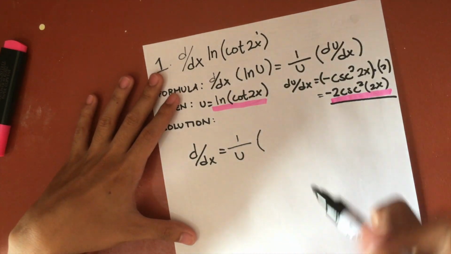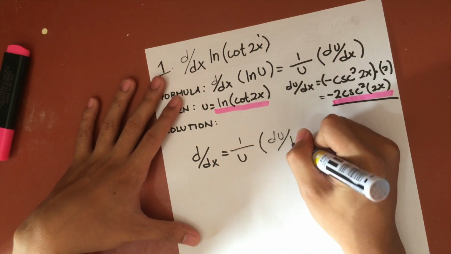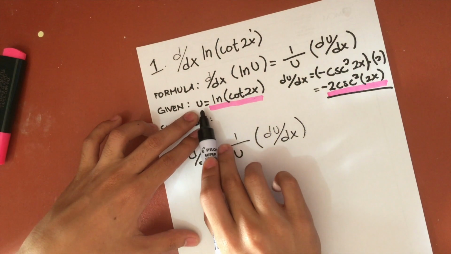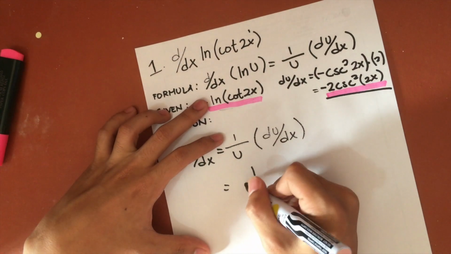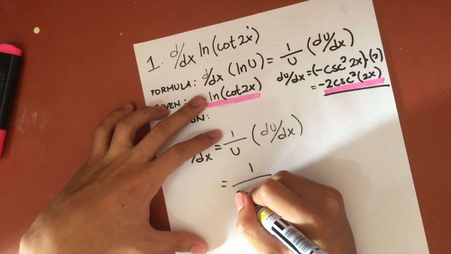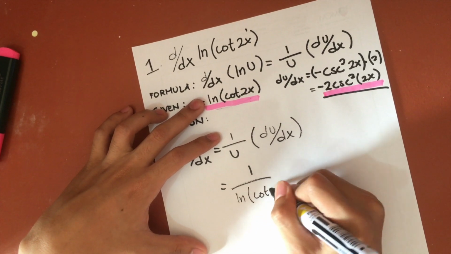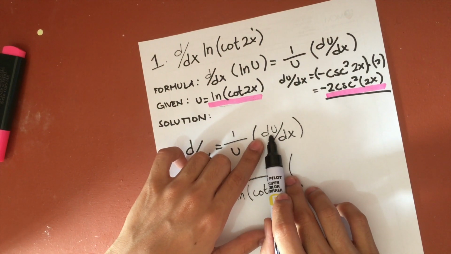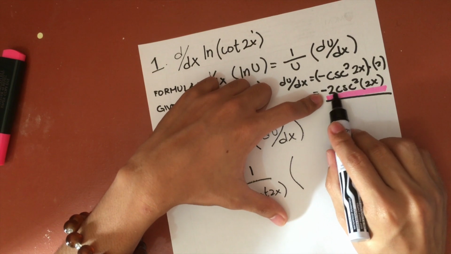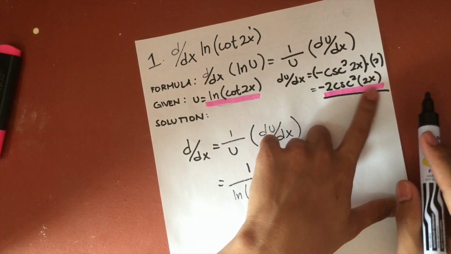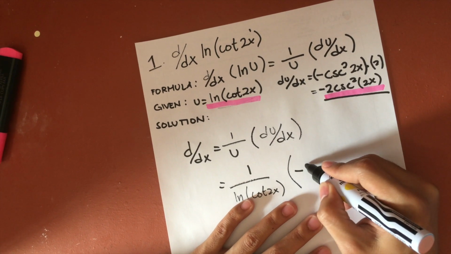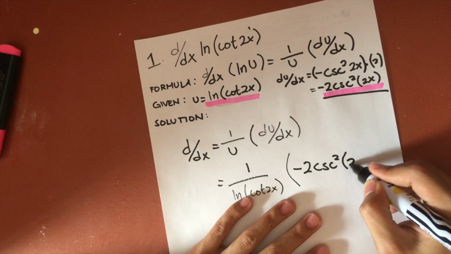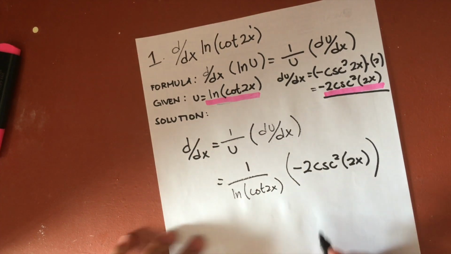Next, substitute this function to u: ln cot 2x times the derivative du over dx, which would be negative 2 cosecant squared quantity 2x.